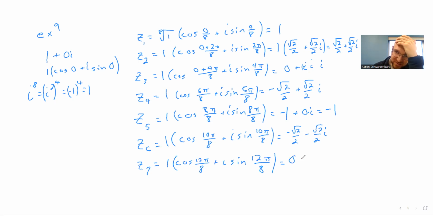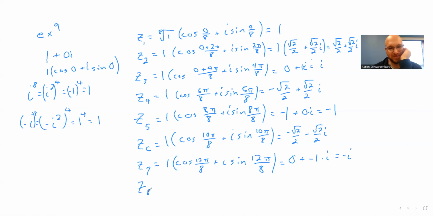Cosine is 0. The sine is -1. This is negative I, which likewise, negative I squared is just 1. Which is still 1.